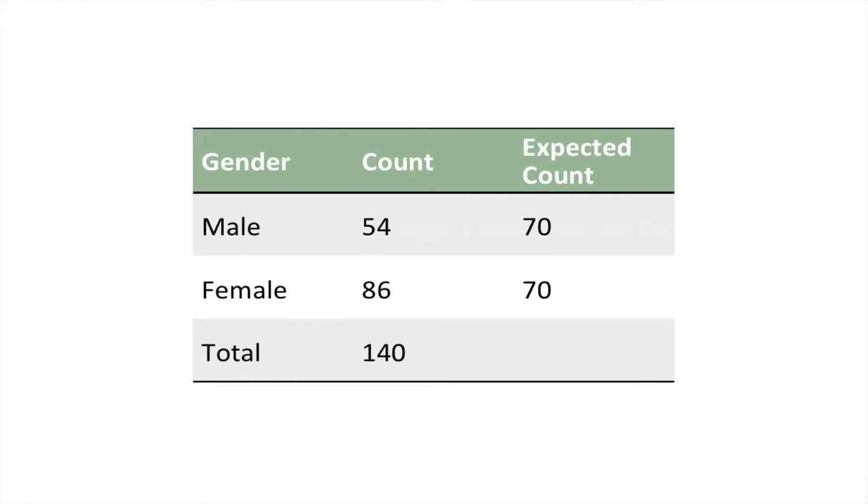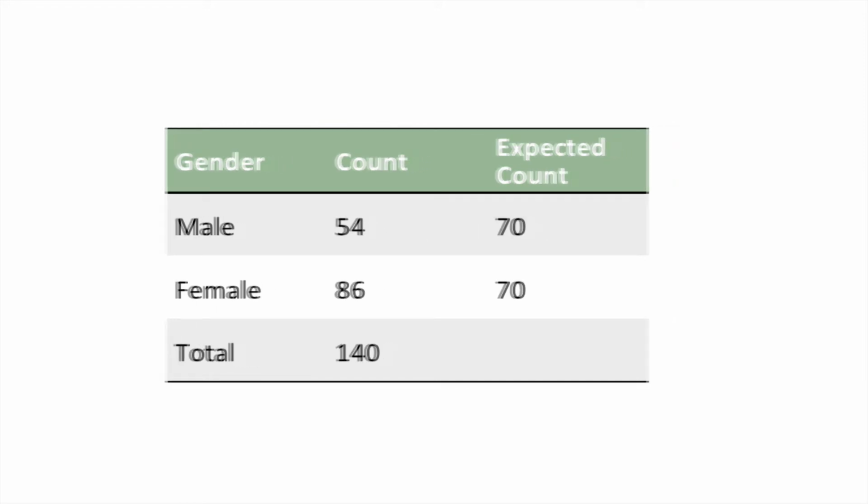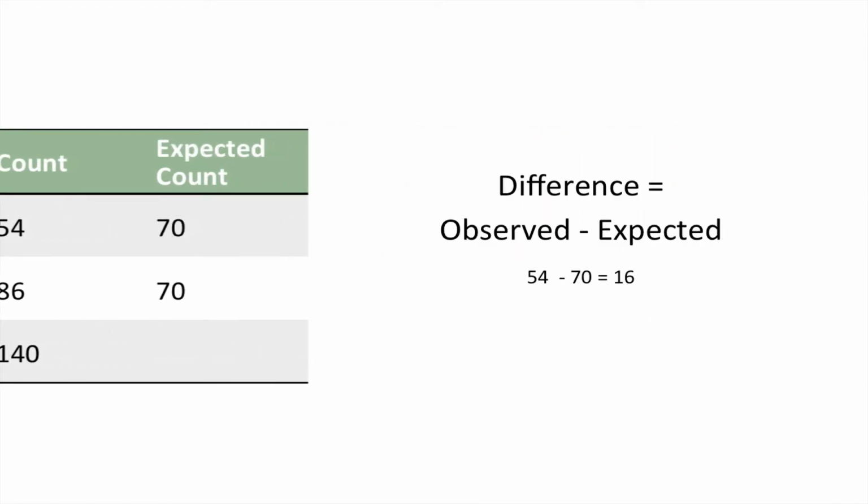What we now need to do is work out the difference, or the amount of error, between that estimate and the amount we actually observed in our study. Because we have an equal number of categories, it's actually going to be the opposite for each group. If we look at the equation, all we're going to do is take our observed value, the value we saw in our study, minus our expected value.